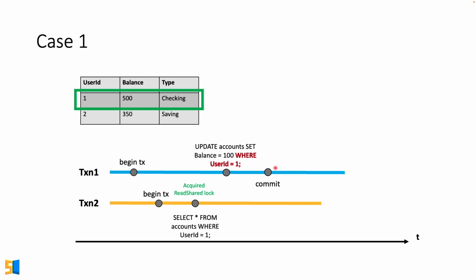Then transaction 1 will try to commit. In this case, transaction 1 tries to get an exclusive lock. Why? Because it is using a where clause in the update, meaning that it tries to read. After the read completes, it tries to write, so it requires an exclusive lock. And it tries to acquire the exclusive lock for this cell.